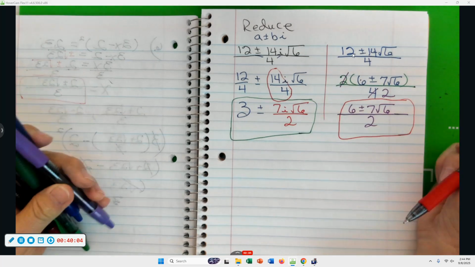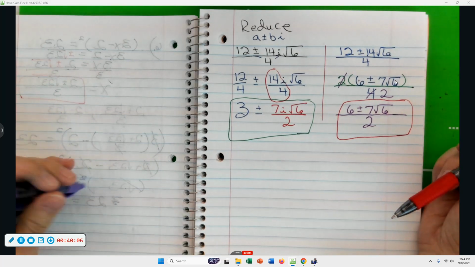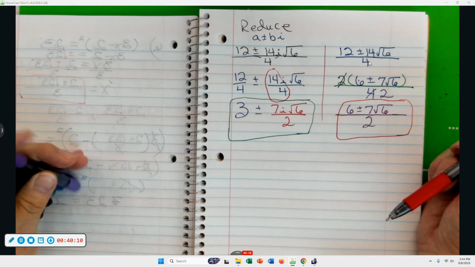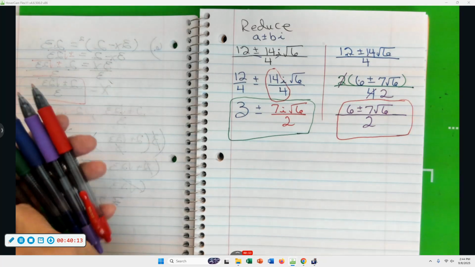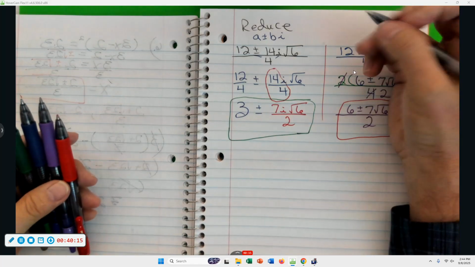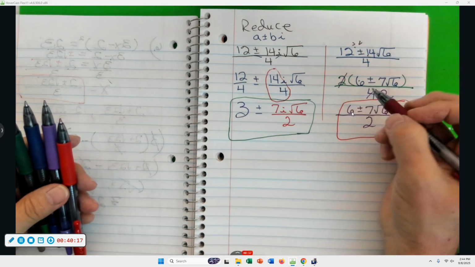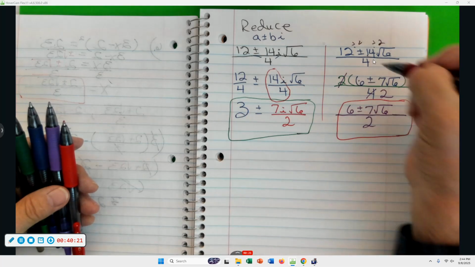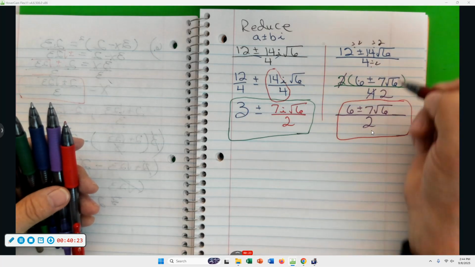As you do more and more of these, you'll probably skip this step and just say, okay, 12, 14, 4, divide each of those by 2. You can say 12 divided by 2 is 6. 14 divided by 2 is 7. 4 divided by 2 is 2.